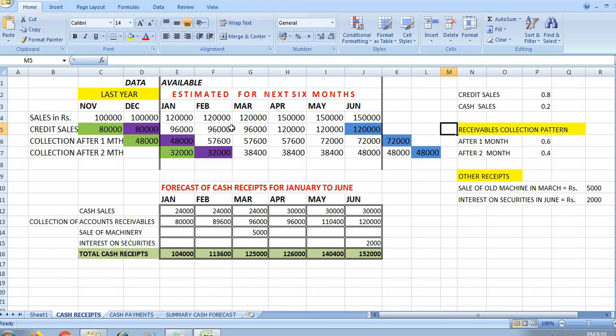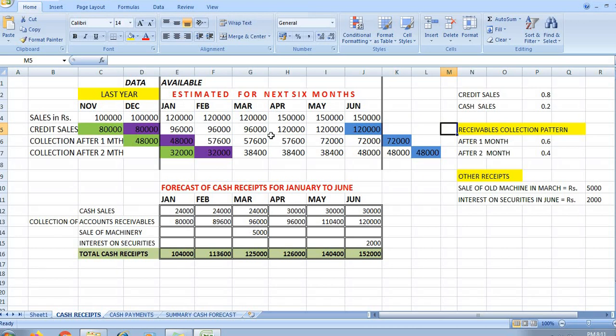We are saying 80% is credit sales. So of this, 1 lakh 80,000 is a credit sale. Then of 1 lakh 20,000, 96,000 is a credit sale. Then of 1 lakh 50,000, if you take 80%, 1 lakh 20,000 is the credit sale.